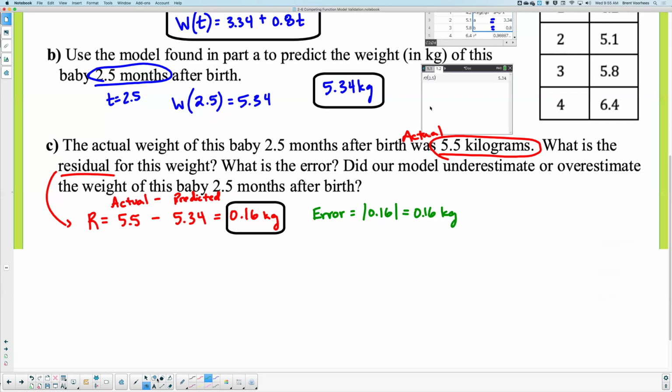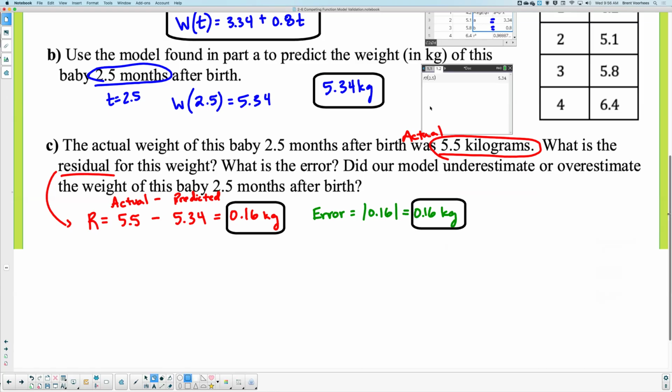Next question. Did our model overestimate or underestimate? Here's what you need to think through. Which one's the model? Is the model 5.5 or was the model 5.34? This was the model. Did the model overestimate or underestimate? Is this one bigger or smaller than the 5.5? This one is smaller, so we underestimated.